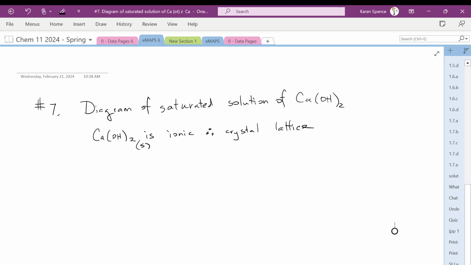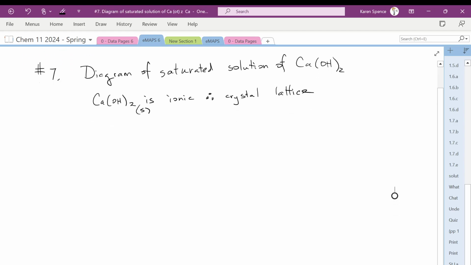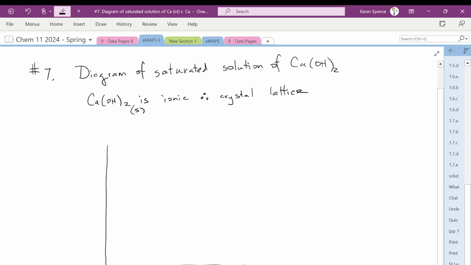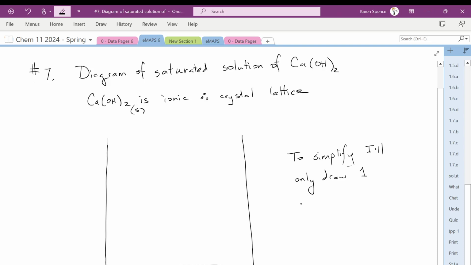So, our diagram of the saturated solution of calcium hydroxide, even though what we really had was little tiny solid particles, I'm only going to draw one crystal lattice to simplify, okay? And also I'm going to draw it in 2D, not 3D, because 3D is hard to draw.